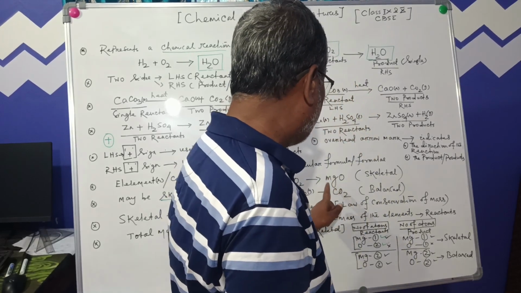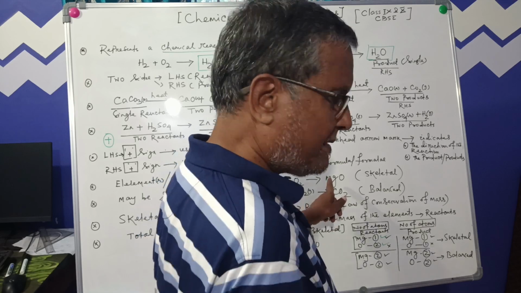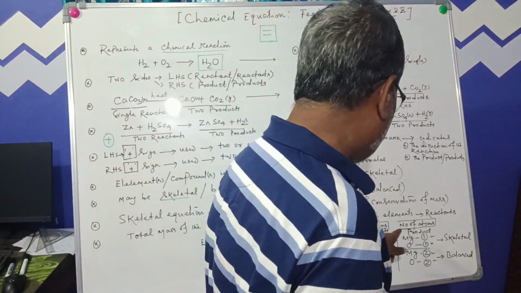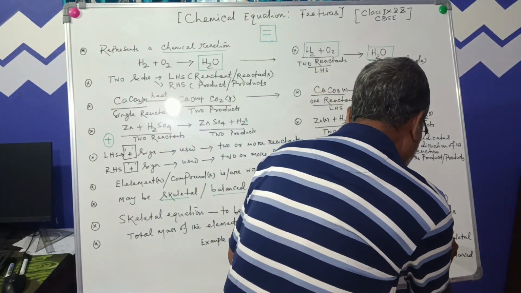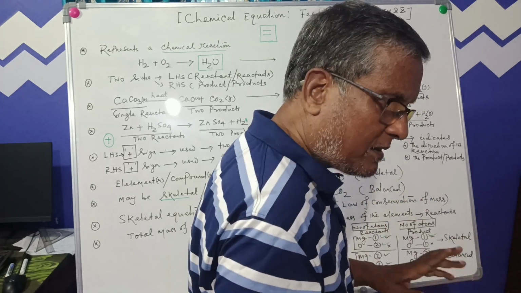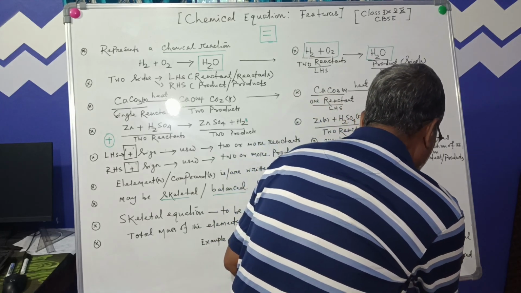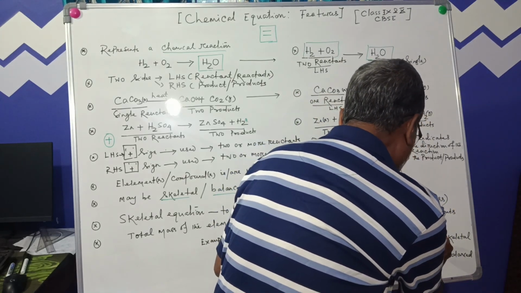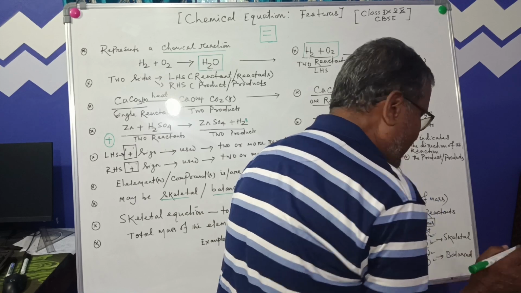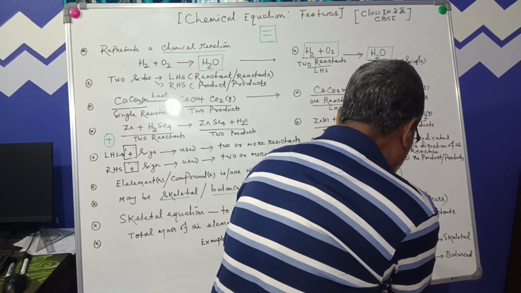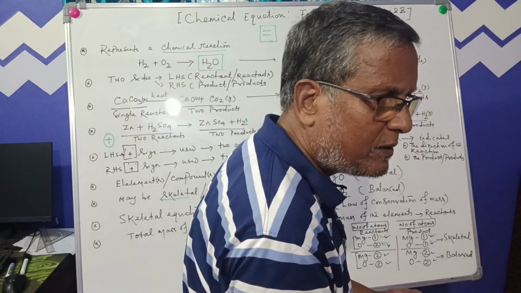On the product side, the right hand side, the number of atoms of magnesium is 1 and oxygen is 1. So magnesium is 1 and 1, equal, but oxygen is 2 and 1, not equal.